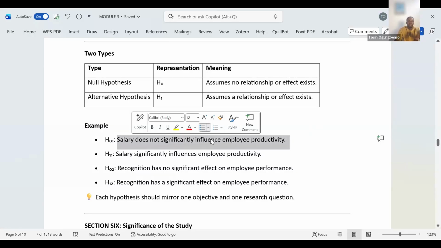You know, this is another conversation. Depending on what you are testing, if it is correlation you want to test, you want to take the correlation between two variables. So like there's no significant relationship between salary and employee productivity. That means you are saying that when you increase somebody's salary, it does not affect their productivity.